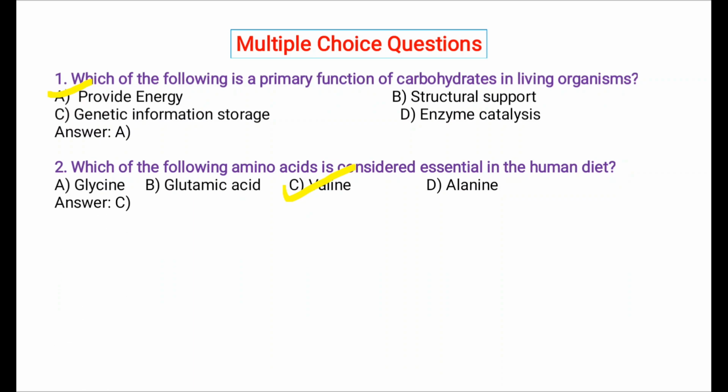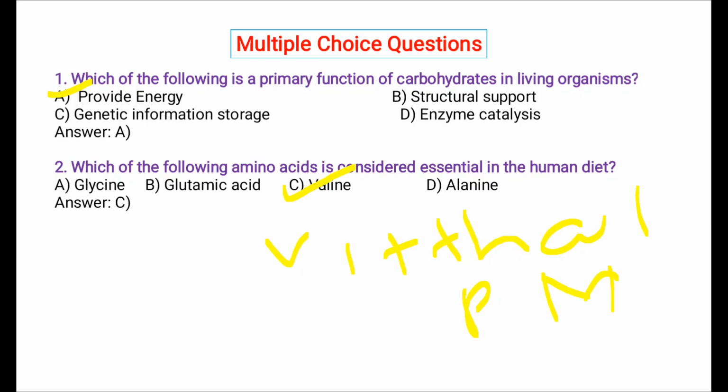You have to remember a trick for the essential amino acids, that is PVT TIM HALL.